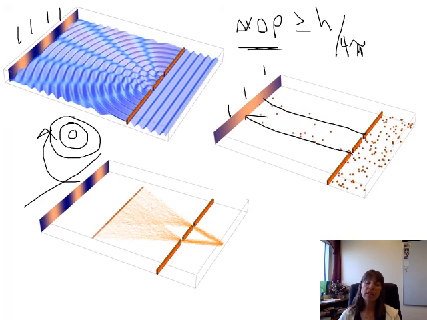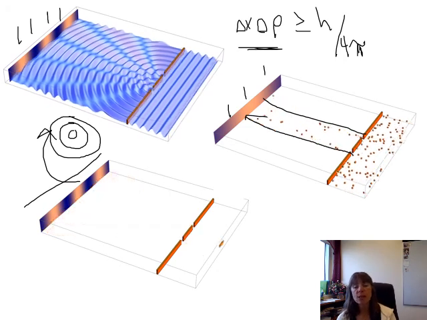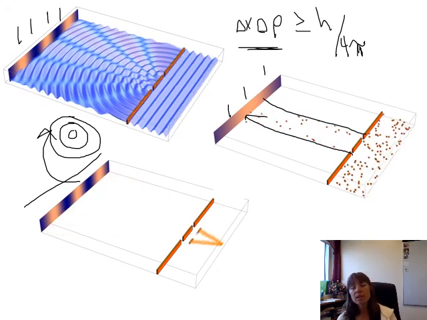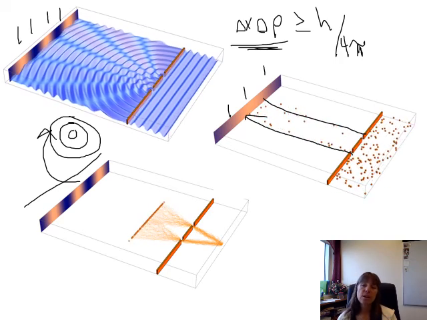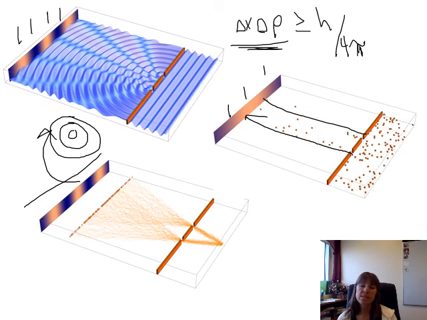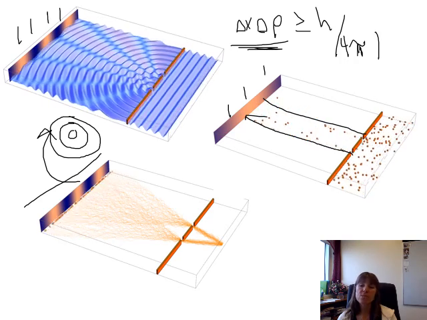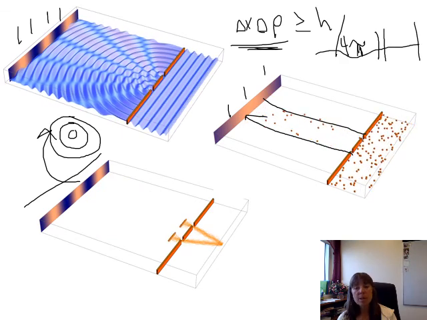And I have a video that is linked in your fun sheet, a Veritasium video that shows an actual experiment illustrating this particle and wave nature of light. It was a slit experiment, and as the slit got smaller and smaller and light was going through it, you would think it would come out and just hit the other side.